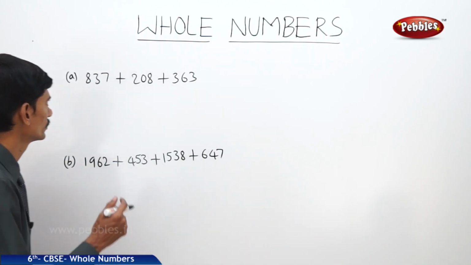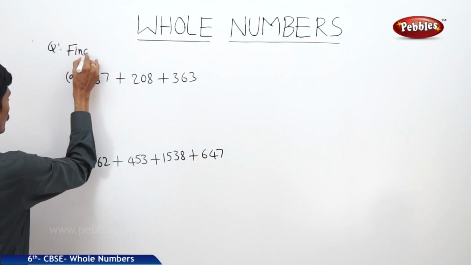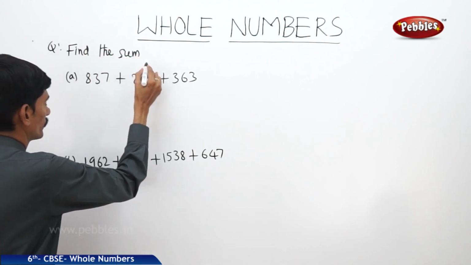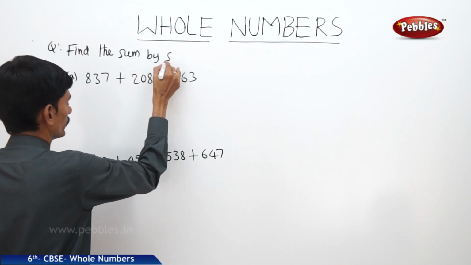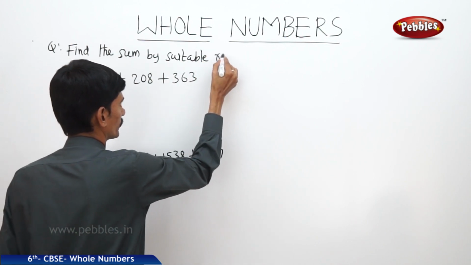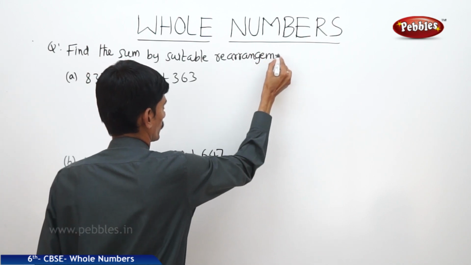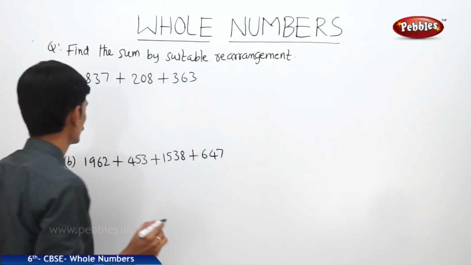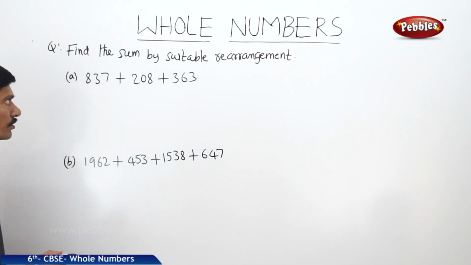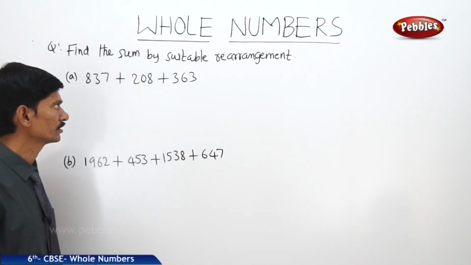Now the first question, find the sum by suitable rearrangement. Now the first question is 837 plus 208 plus 363. So we can use the associative property of addition while adding these three whole numbers.